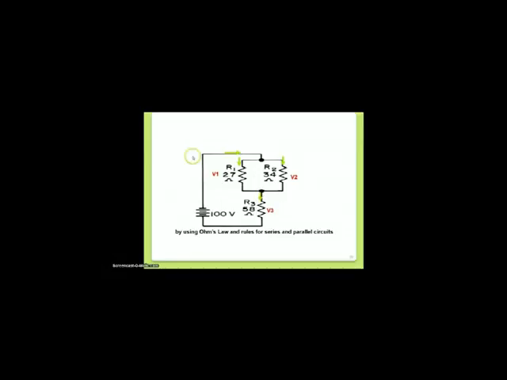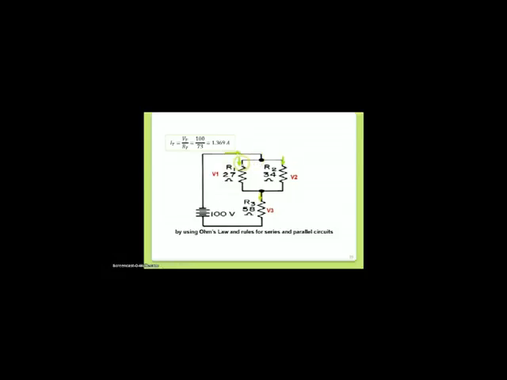So let's start with the calculation of the total current, which will be I total is equal to V total over R total. This is nothing but Ohm's law. V total is given here as 100 volts and R total was already calculated as 73 ohms. So this calculation gives you 1.369 ampere. This is the total current entering the circuit.